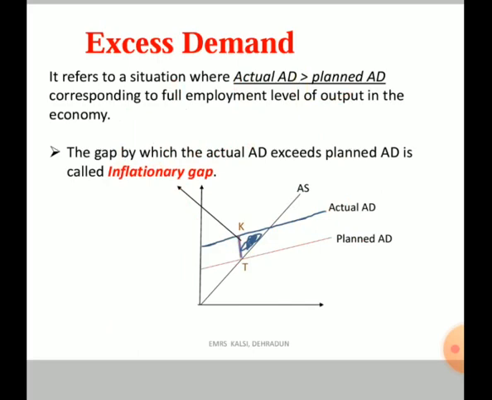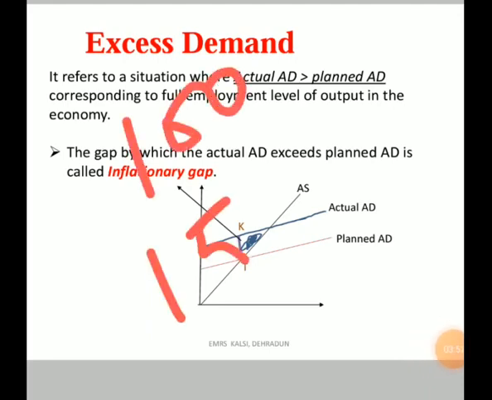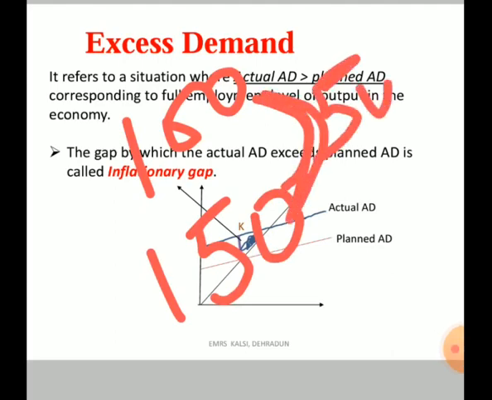Now, the amount by which this gap occurs: the planned was 100, the actual was 150. So this gap of 50 is called the inflationary gap. In major terms, excess demand and the inflationary gap are almost the same thing.